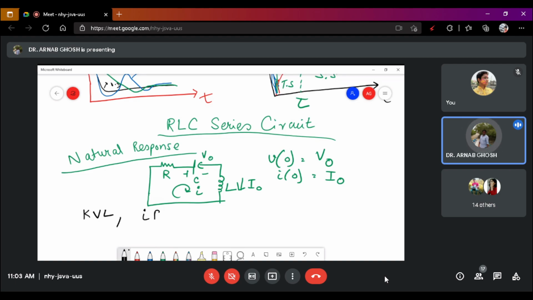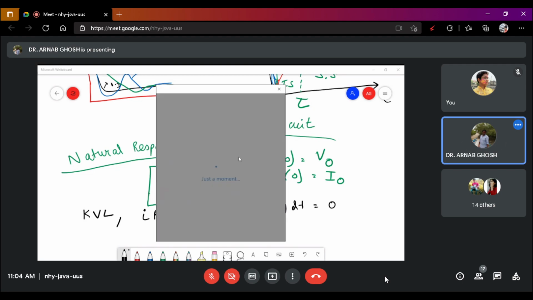KVL is IR plus L di by dt plus 1 by C integral from t equals 0 to infinity of I(tau) d tau. This will be equal to 0. Correct?